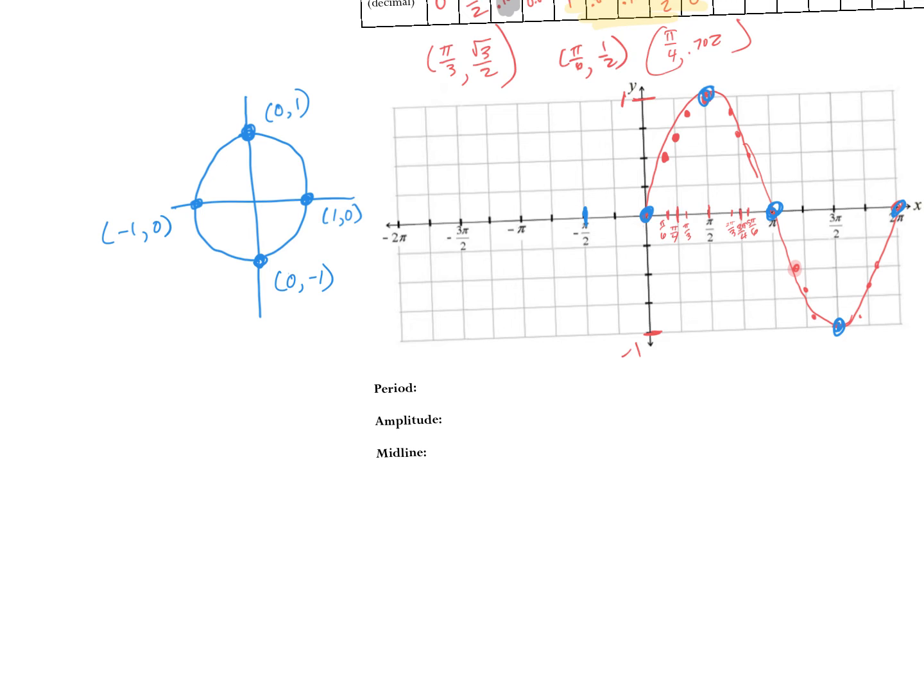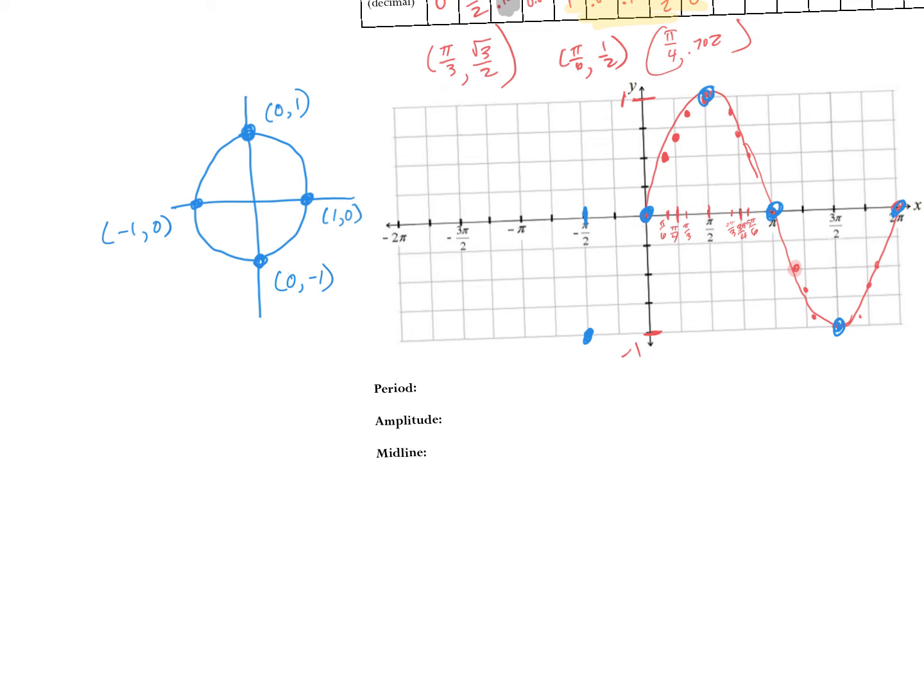All right, now, next we want to say, well, what would the sine of negative pi over 2 be? Well, what do we know about negative angles? They just travel in the other direction, yes? So positive pi over 2 goes up to the top, negative pi over 2 goes down. So what is the sine of negative pi over 2? Negative 1.